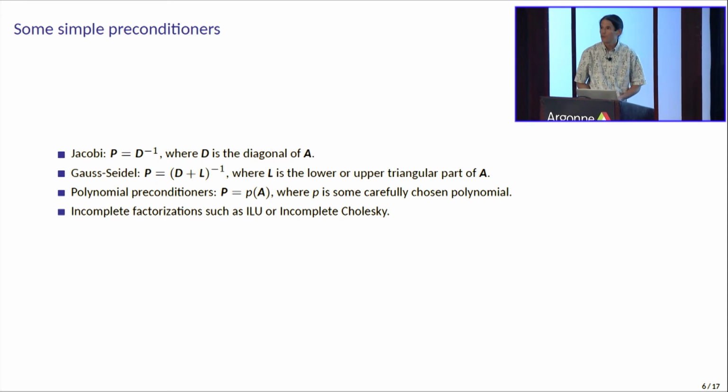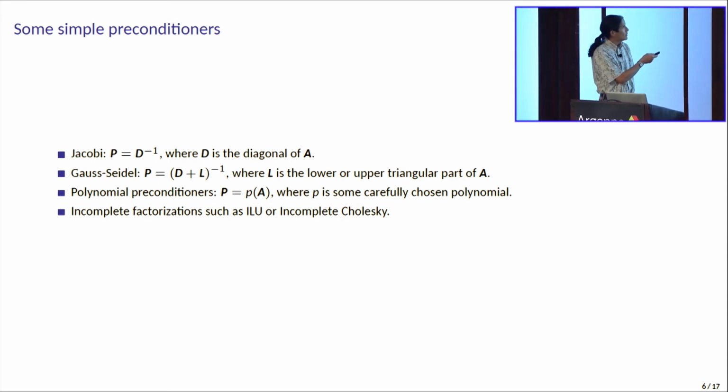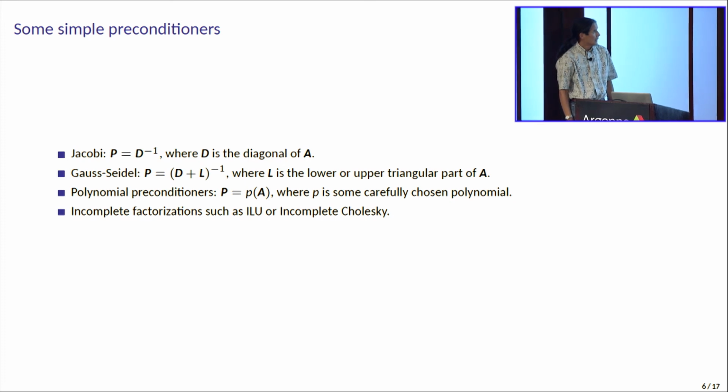So there are some simple preconditioning ideas. You can apply Jacobi, where you're only using the diagonal of the system. You can use Gauss-Seidel, where you're using the lower or the upper triangular part of the sparse linear system.